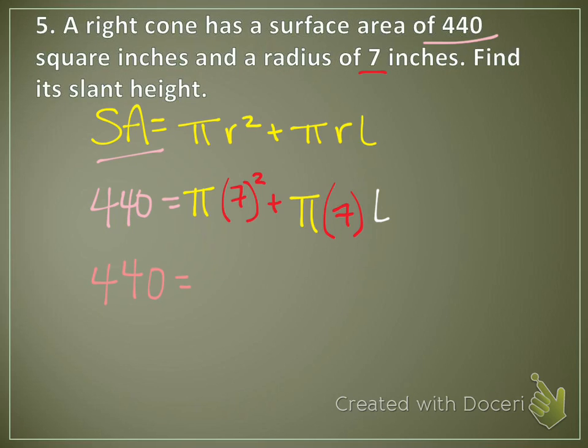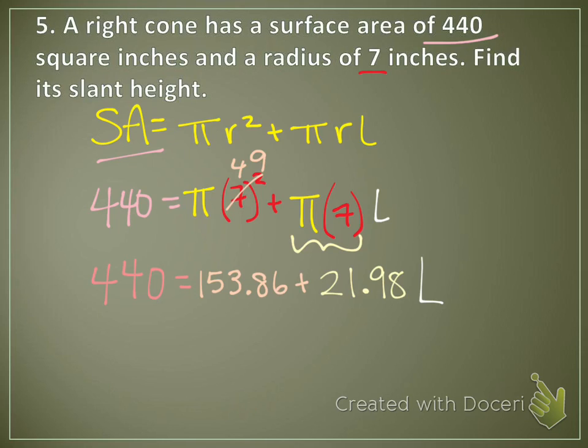So 7 squared is 49. What is 49 times pi? 153.86. Okay. And then plus 7 times pi is 21.98. And then it's still L.